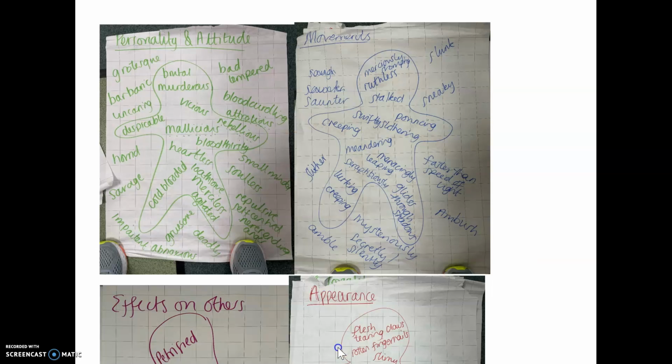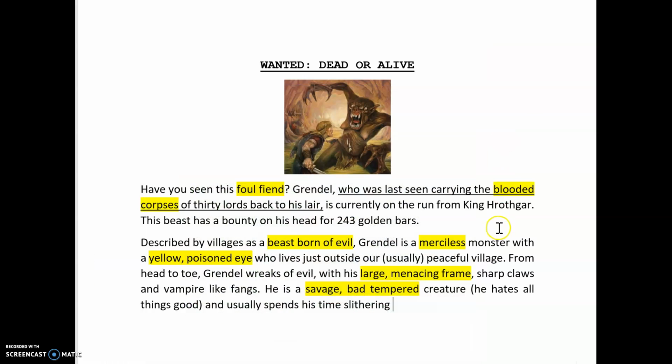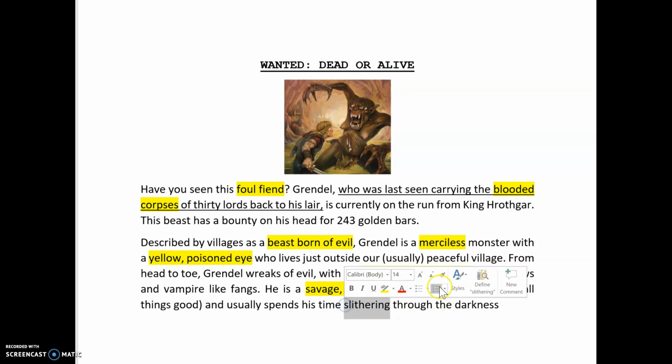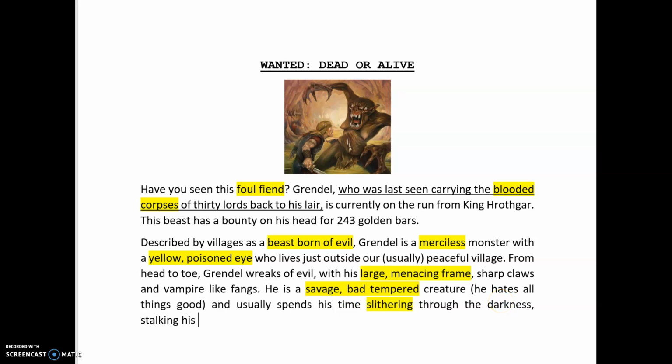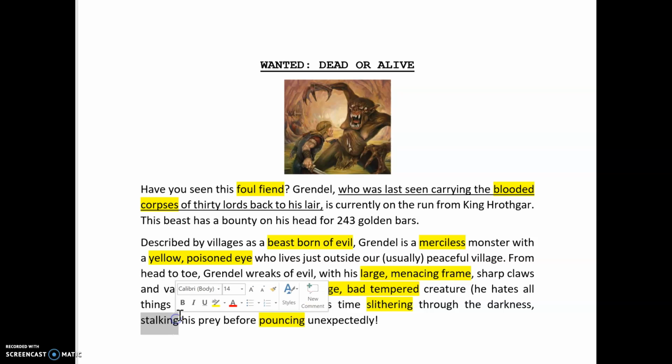I got that off my plan for his movements. Slithering through the darkness, stalking his prey before pouncing unexpectedly. Again, pouncing and stalking came from my planning sheet.